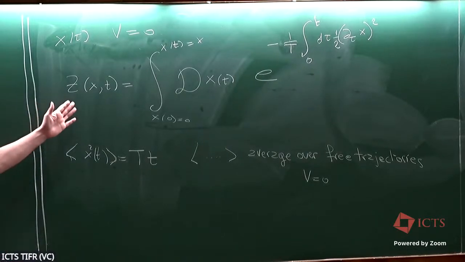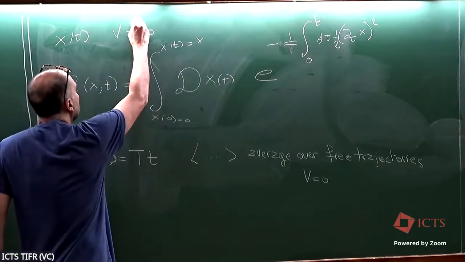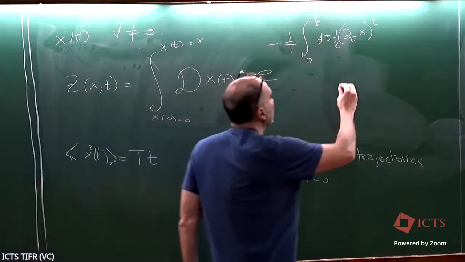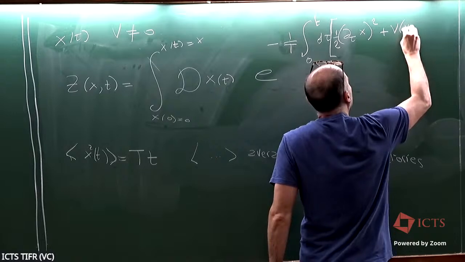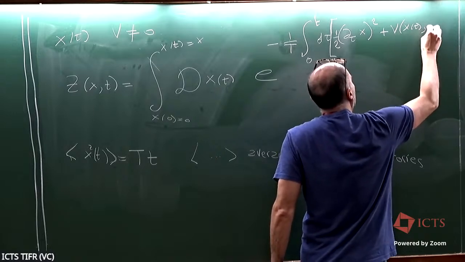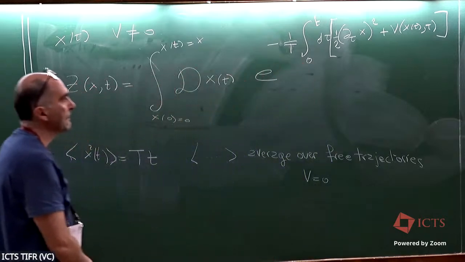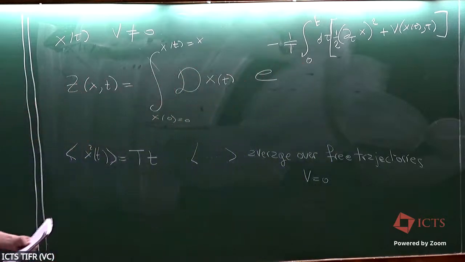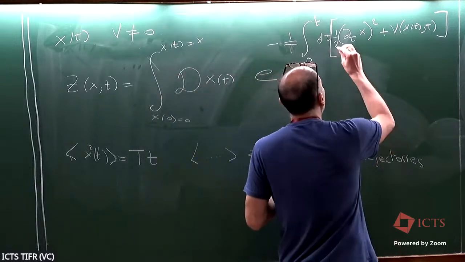And so now if we want to do the case v different from 0, what we have to do is to add a potential here. So this is, if you want, the elastic term of the polymer.